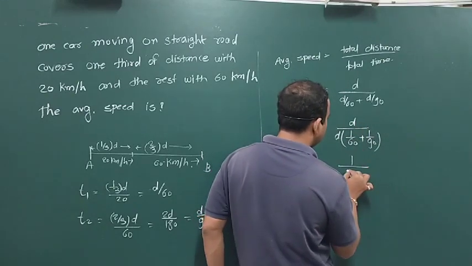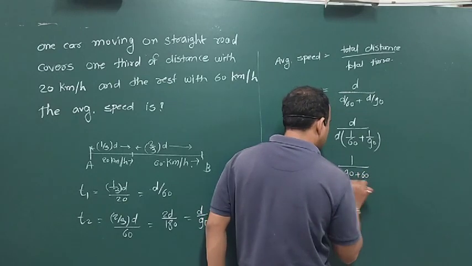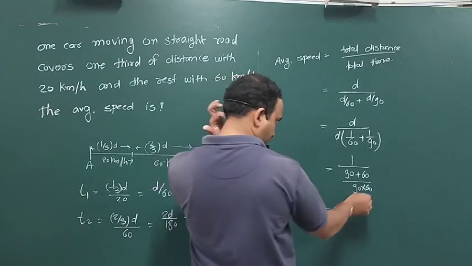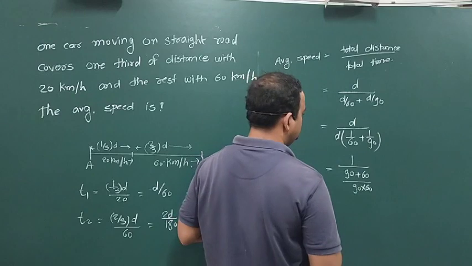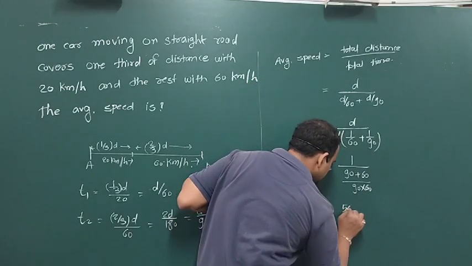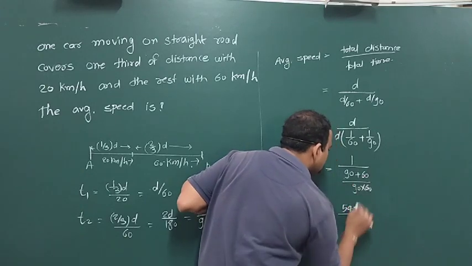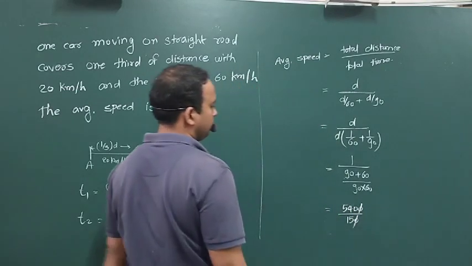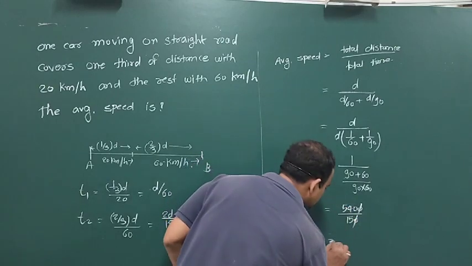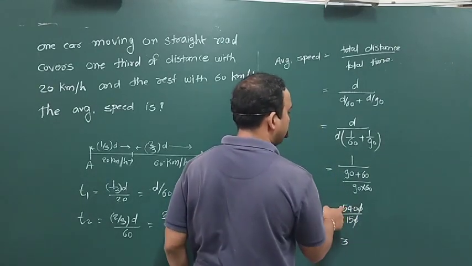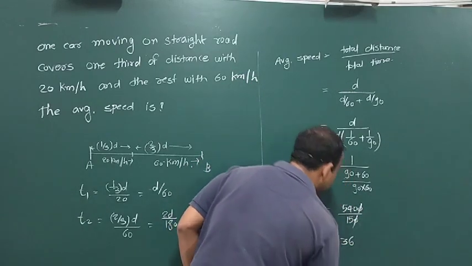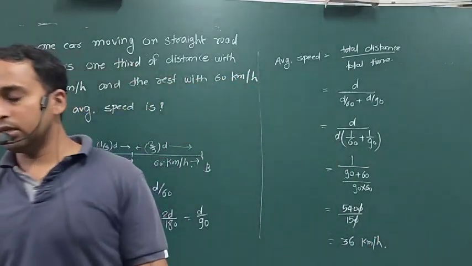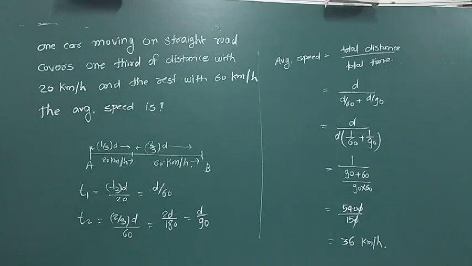Now see here, 1 upon kilometer per hour. Okay.